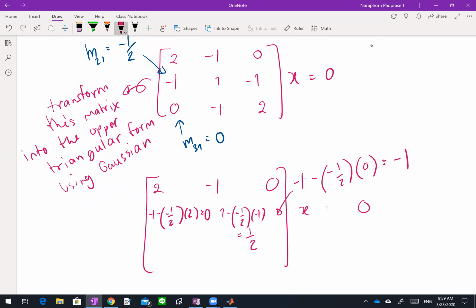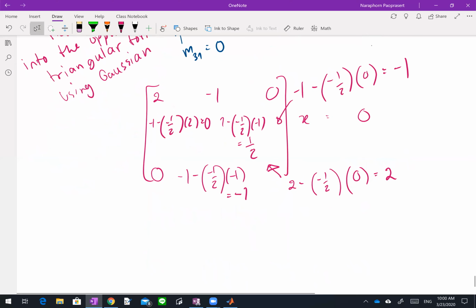The third row is 0, then minus 1 minus 1 over 2 times minus 1, and here if I do the calculation, I have 2 minus 1 over 2 times 0. Oh, sorry, this is not 0, this is just minus 1, and I get 2. So still I have to do the second round.